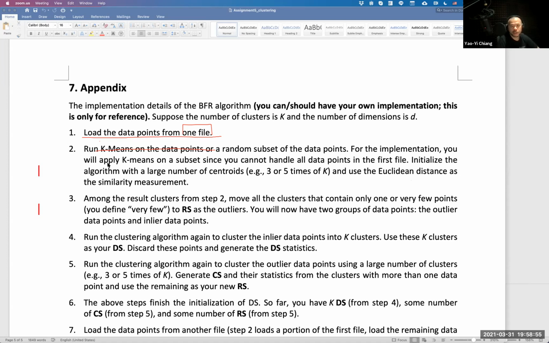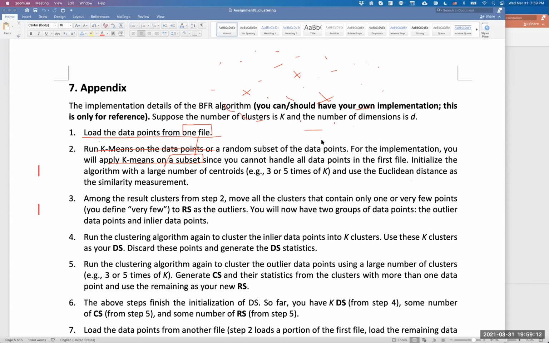For the implementation, you can apply k-means on a small set in this one file and generate the centroids. So now you have centroids, but you still have lots of data points because you are only using a subset. When you say all these data points, do they belong to the data file that we haven't read in? No, you already read them in. We already did. Okay. Right.